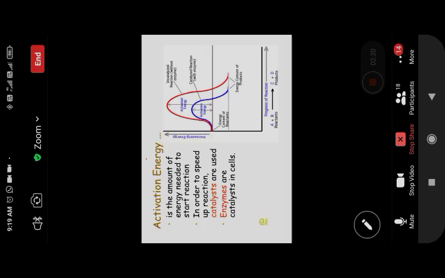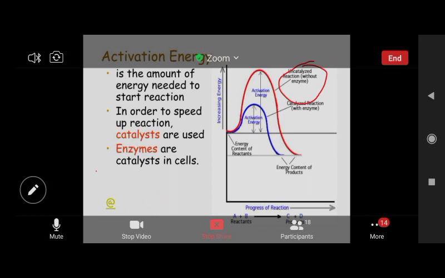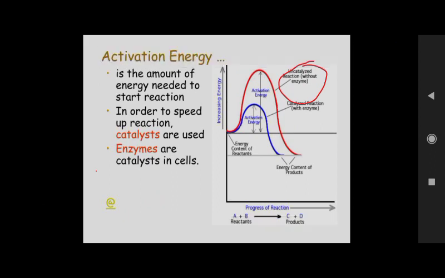Okay, fine. It is the uncatalyzed reaction. That means without the enzyme. And you can see the peak of the graph when there is no enzyme present. And when the enzyme is present, the graph lowers.